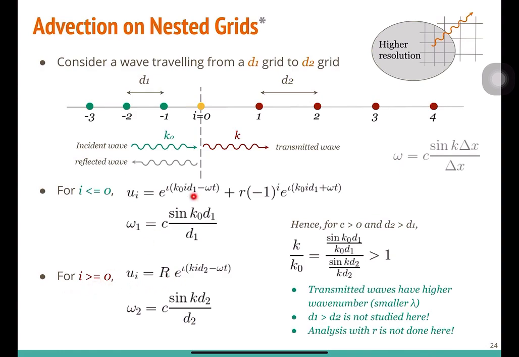And for the I positive side, we can express the whole equation with this wave solution with the spacing d2, which is the delta x in this model, and with the wave number k.